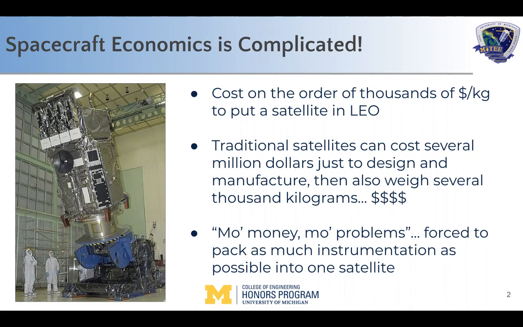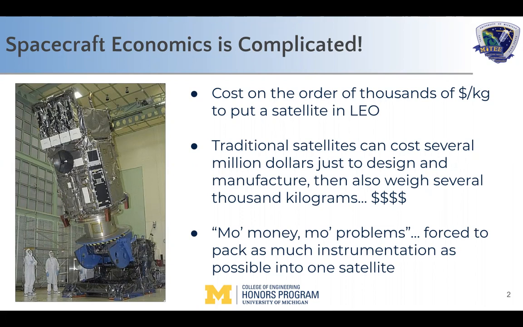Traditional satellites are very expensive to produce just because they're very large, as you can see in that left image. They weigh several thousand kilograms. If you add that on top of the several thousand dollars per kilogram price tag, you're looking at a very expensive spacecraft to produce. Additionally, because it is so massive, we run into this more money, more problem issue.